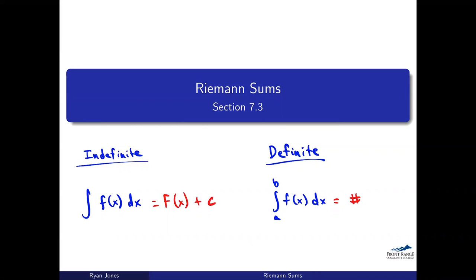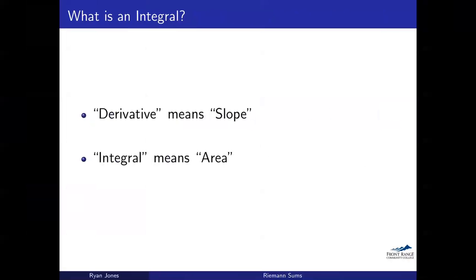But what we're going to talk about today is what this number actually means, what that number actually is. And that leads us to Riemann sums. So before I actually talk about what a Riemann sum is, let's interpret integrals themselves. We've talked about derivatives quite a bit, and we've always said derivative means slope.